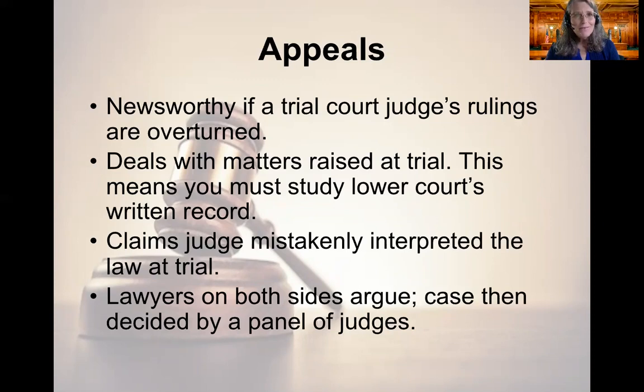If that happens, if a state appellate court decides, well, yeah, there were some things that didn't go right in that trial, and so we're going to maybe overturn, or maybe we'll issue a stay, or there could be a number of things that an appellate court can do.